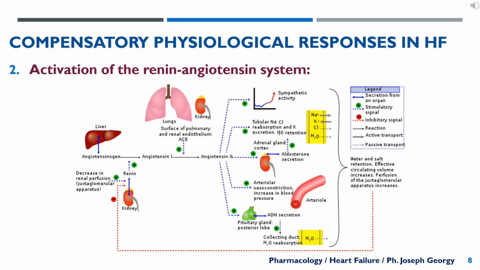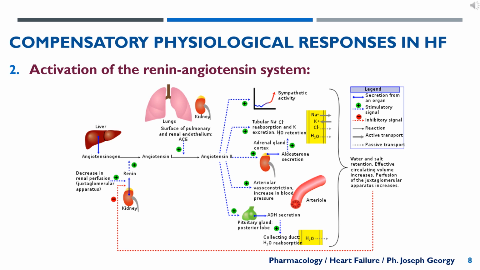So when this substance binds to its receptor on these blood vessels, we will have a constriction, and this arteriolar vasoconstriction will increase the blood pressure, because here we will have a narrower tube that the blood will flow within, so of course its pressure will increase.